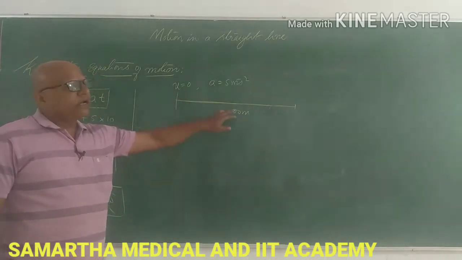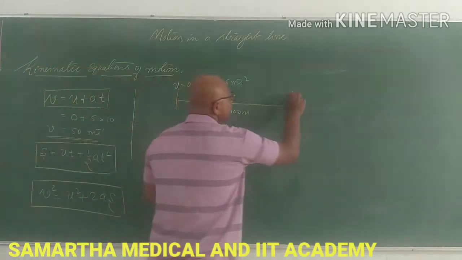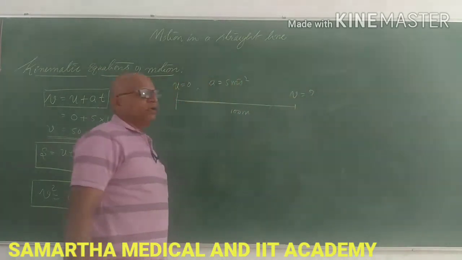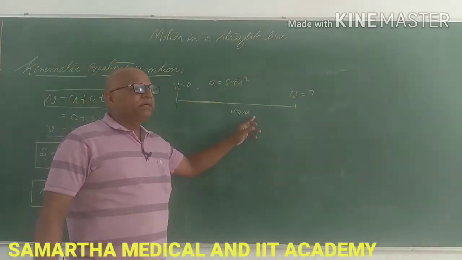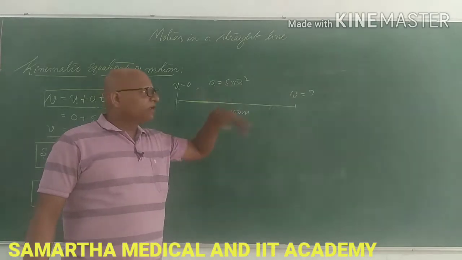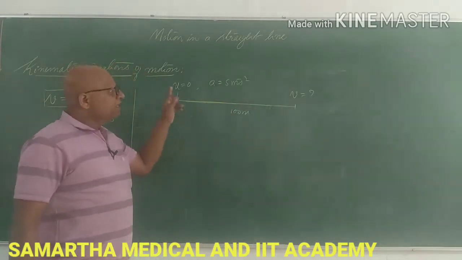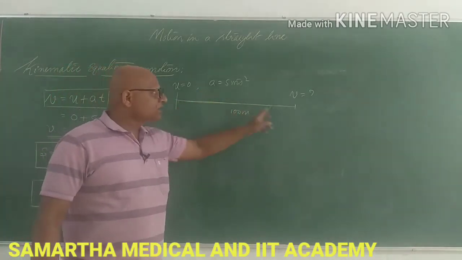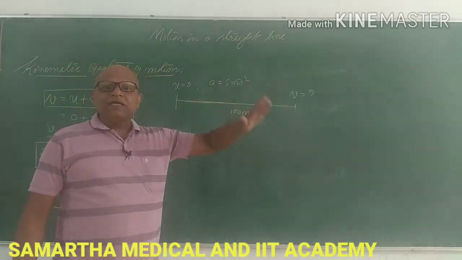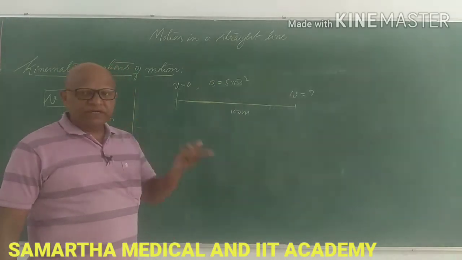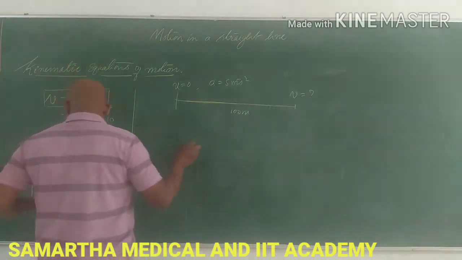And after 100 meters, how much velocity will it acquire? Because after 100 meters, its velocity will not be the same. It started from rest and its velocity is changing. After crossing 100 meters, how much velocity does it acquire? Because it is an ever-changing velocity. So we will calculate this.